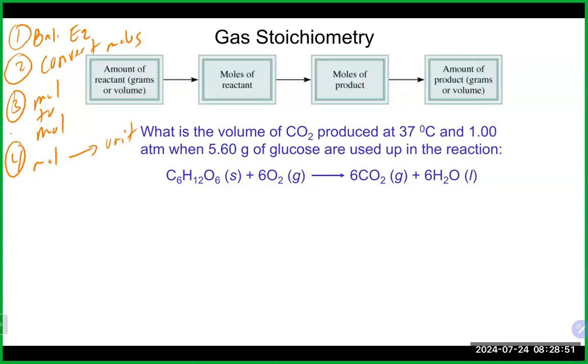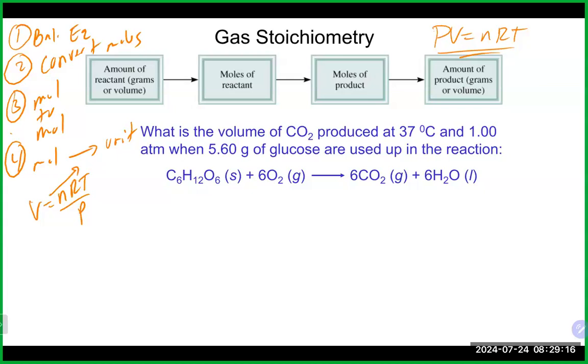In terms of gas stoichiometry, somewhere along the way you will use the ideal gas law most of the time. A lot of times at the very end, we will use the ideal gas law and solve for something like the volume of the gas produced.